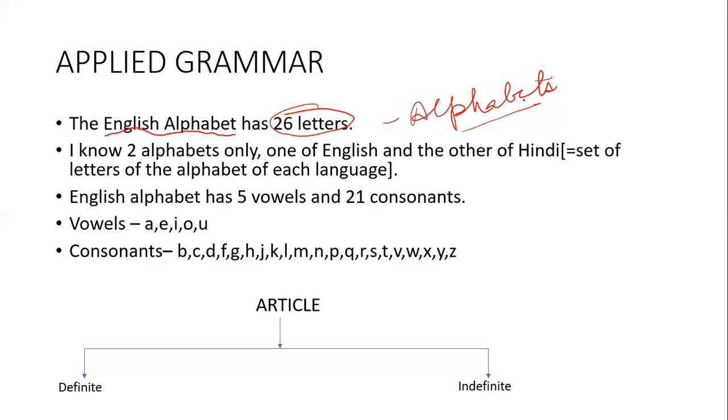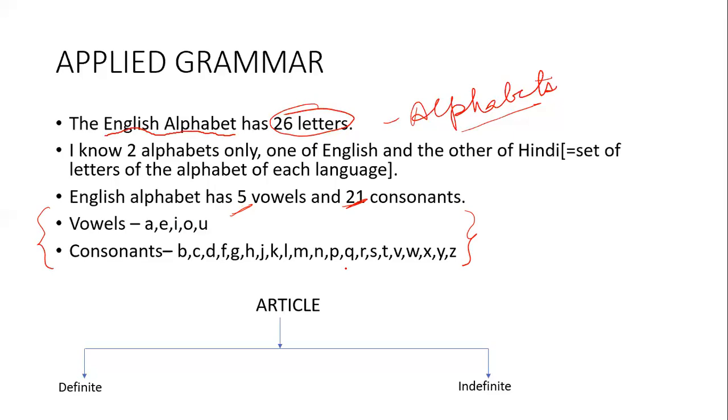Now, moving forward, the English alphabet has 5 vowels and 21 consonants. This is again something which all of us know. Vowels A, E, I, O, U, and the rest of the letters come under consonants. Now, this division is very, very important. Why?